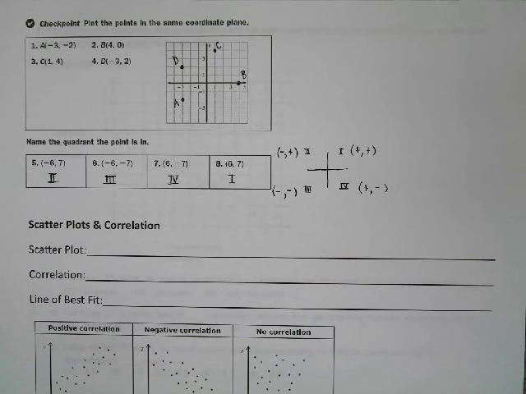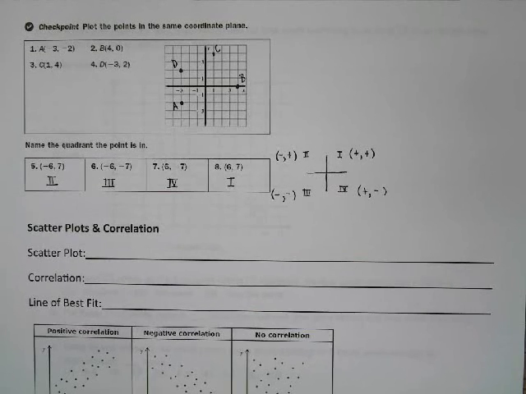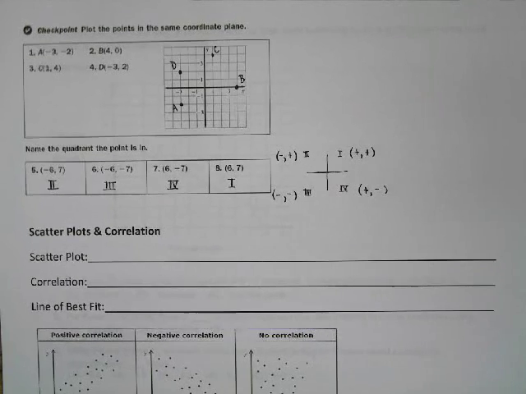So those are the very basics of how we plot points and how we determine where they're located in the coordinate plane. So we're going to talk briefly here about scatter plots.